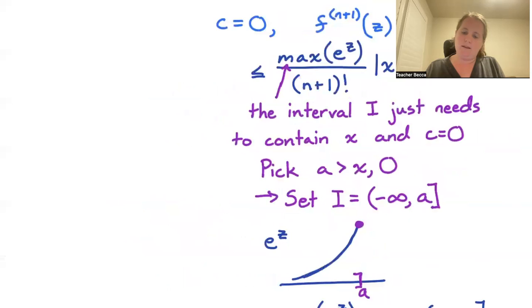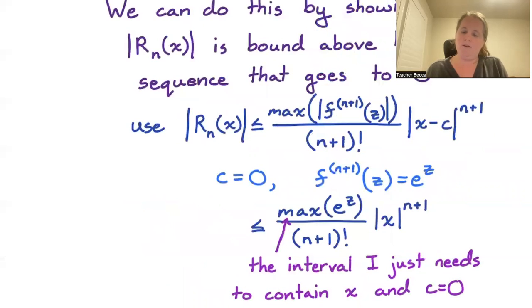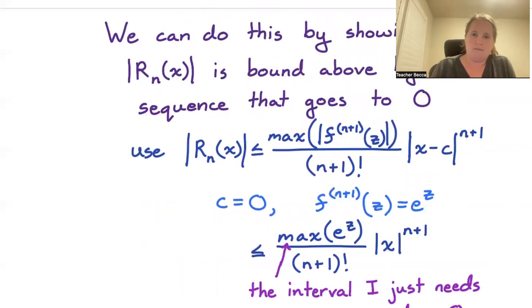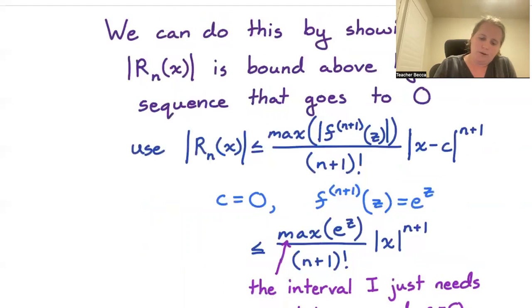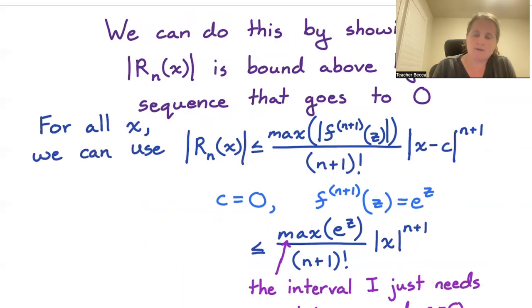Note that none of this depended on the value of x. So for all x, we can use this fact, and then we can just pick our a accordingly, depending on which x we are using.